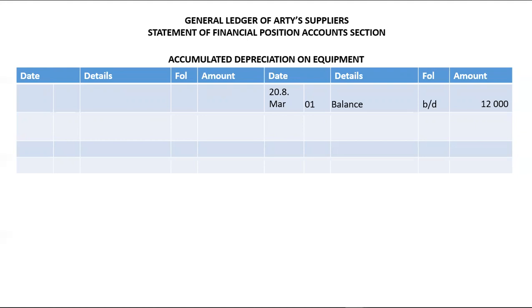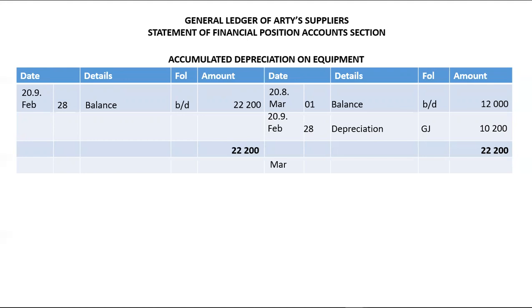It increased by depreciation for the current year, which was 10,200, which takes it to 22,200. Now that will be the carrying value to balance it off to make sure that we have same amounts on both sides, and we're going to take it forward to the following year. Please note that this shouldn't be balance brought down. Instead, it should be balance carried down.